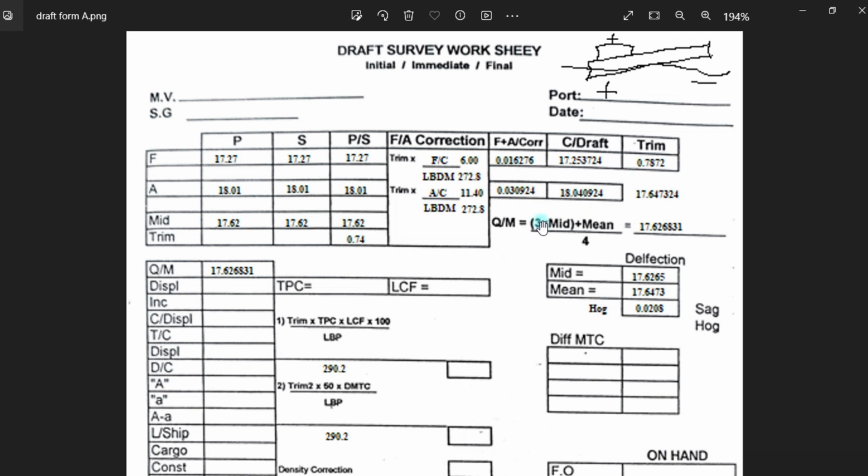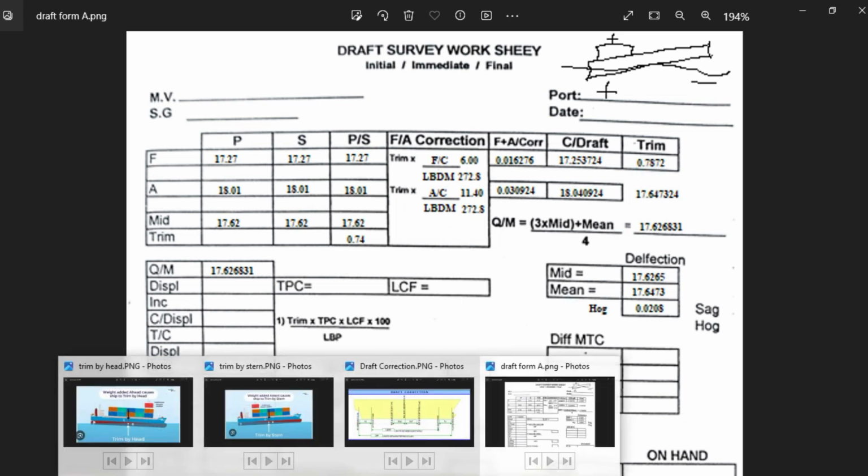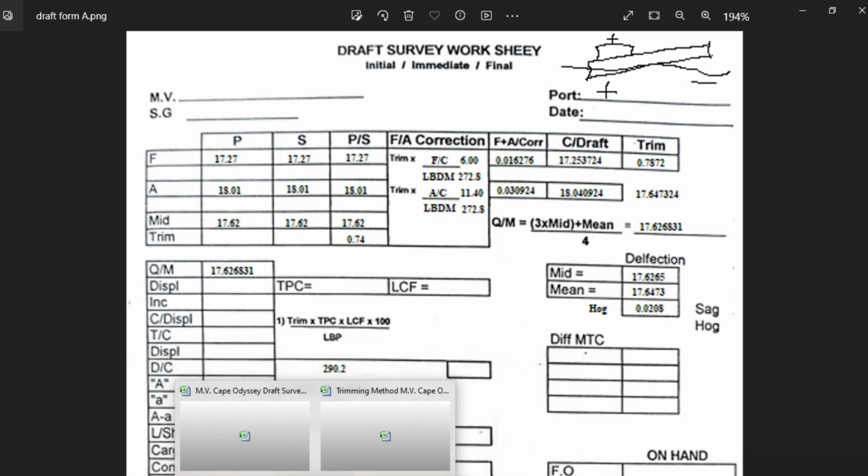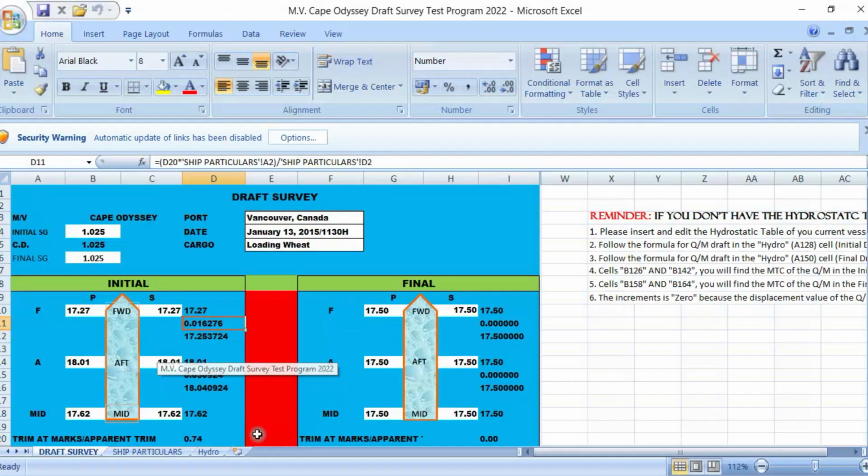Okay, so to get the trim, corrected up drop minus your corrected forward will be 0.7872. Your trim will be 0.7872.